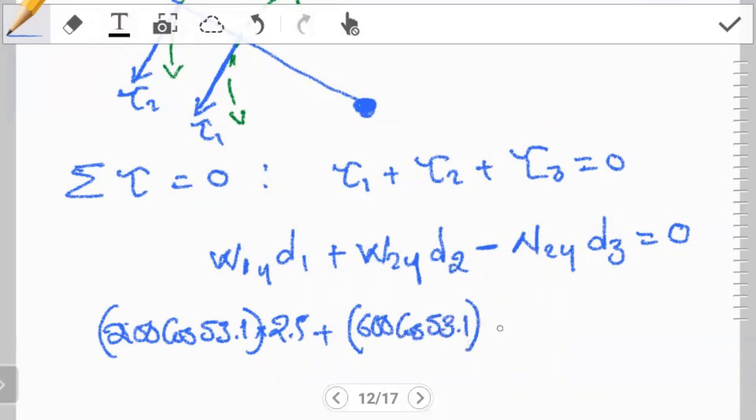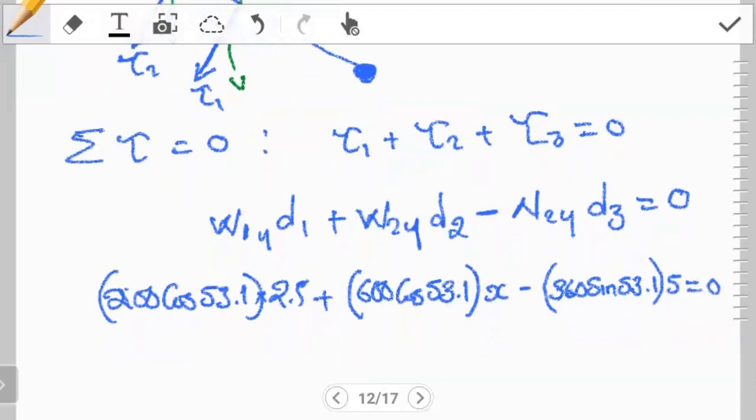And then D2, we don't know what D2 is. That's the one we want to find, so we're going to label it x. And then N2Y, we saw how to get it as well. It is N2 itself, and this time we're going to use sine. Remember what N2 was? That was 360, and then sine 53.1, and then this is 5. This is what gives us 0.